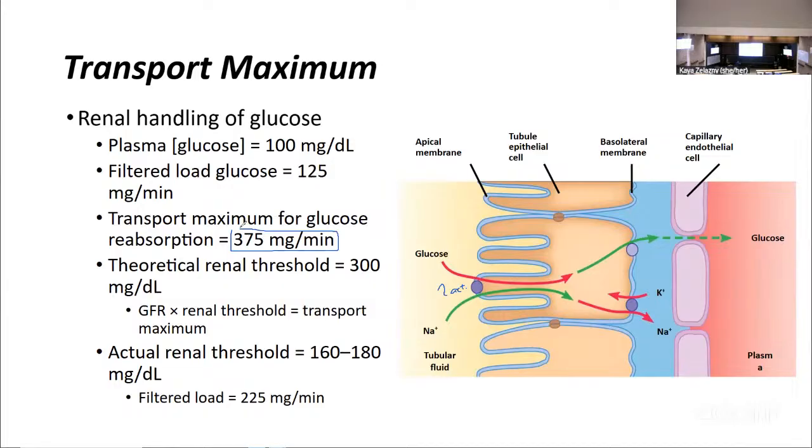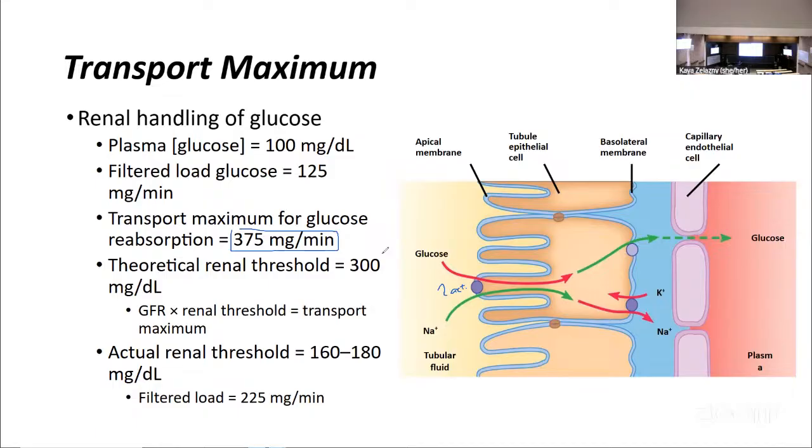So under normal conditions, we can see 125 milligrams heading past the proximal tubule, not a problem at all, right? 375 milligrams per minute is way higher, so we can totally take all of that glucose into our renal cells and then into the plasma here, okay?